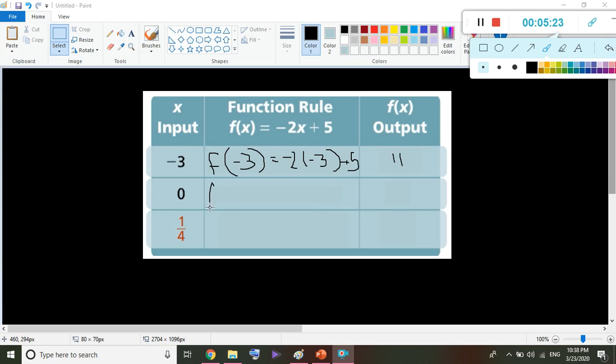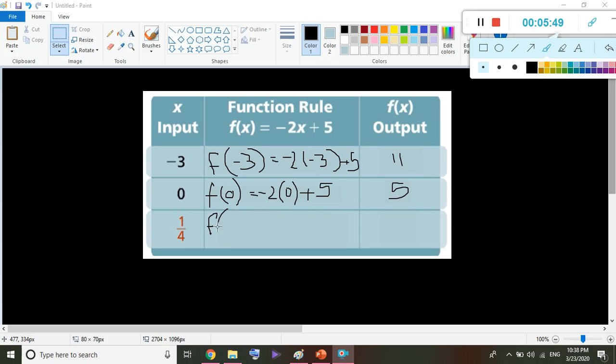Let's go for the second input. F of 0 equals negative 2 times 0 plus 5. Negative 2 times 0 is 0, plus 5 gives me 5. So f of 0 equals 5. Let's go for the third input they're asking for.